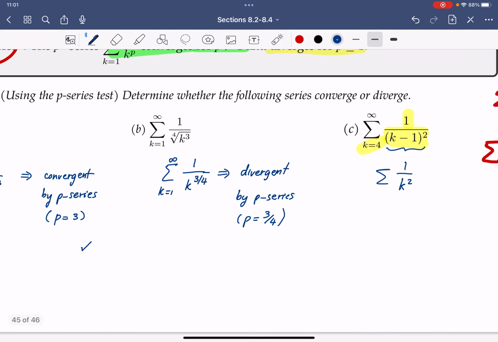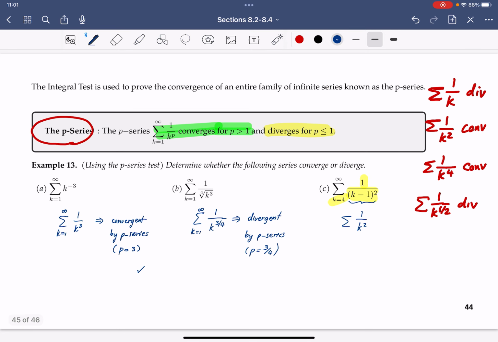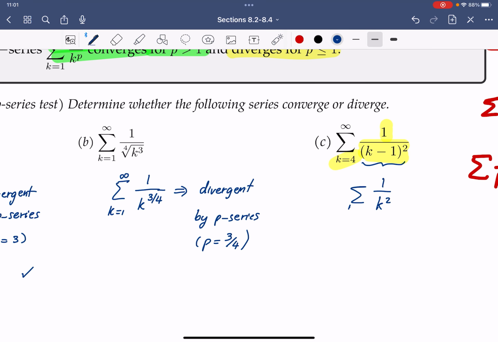So you can shift the index k minus 1 over there, and shift it to start from 3. Does it make sense? It's the same thing because you shift from 4 to 3 and change k minus 1 to k. And this is actually convergent by the p series.